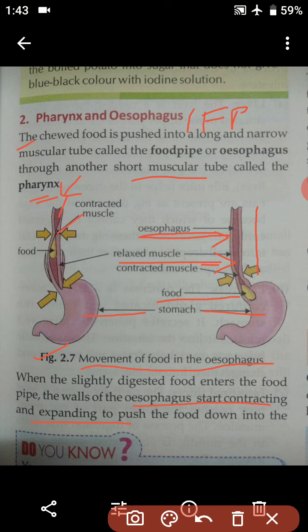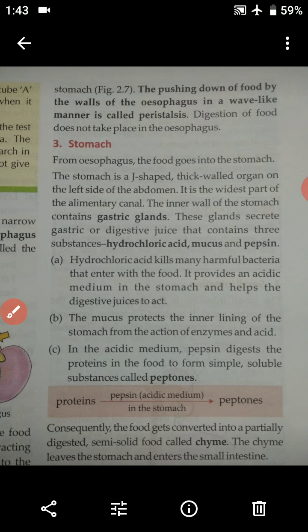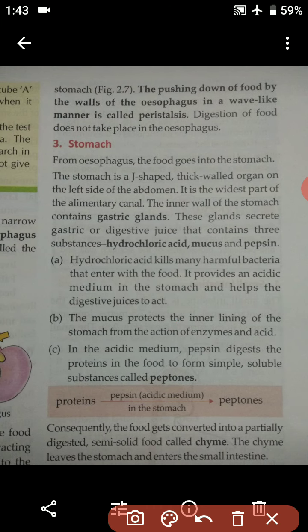The esophagus will contract and relax, and in doing so the food is pushed inside the stomach. Here you see the food is pushed inside the stomach. So the contraction and relaxation or expansion help in the movement of food from the food pipe to the stomach.